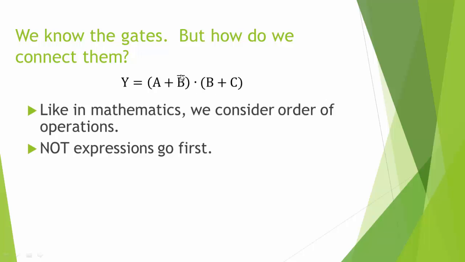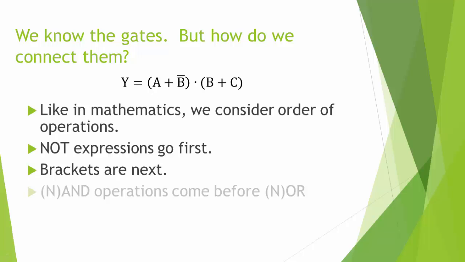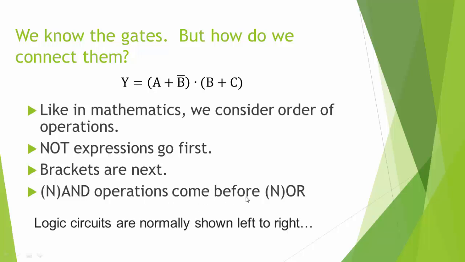So we consider this NOT B to be the first gate we're going to deal with. After that, just like in mathematics, brackets come first. After that, AND operations come before OR operations.